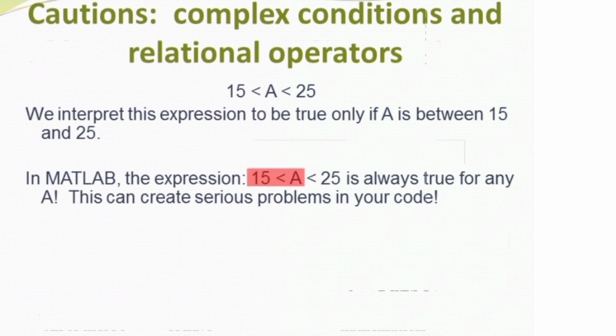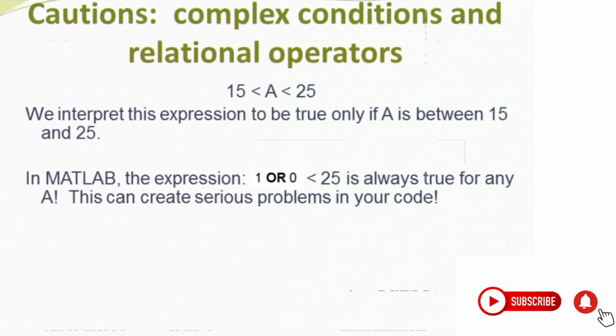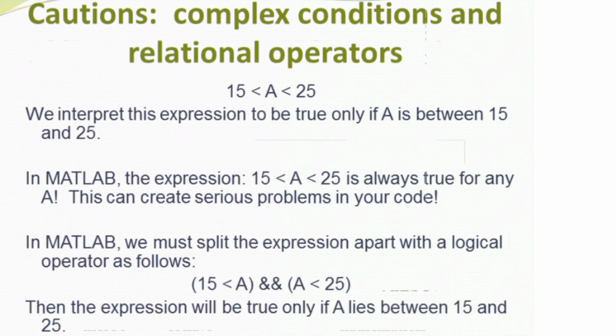If that's true, or if it's false, it doesn't matter, it's going to result in a 1 or a 0. That value then is compared to the value of 25. So a 1 or a 0 is always going to be less than 25, and thus we get a true no matter what the value for a is.